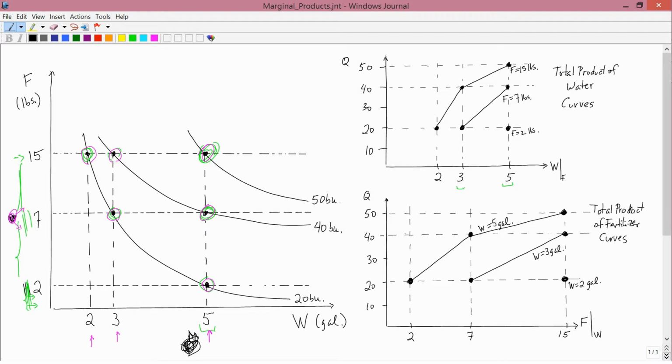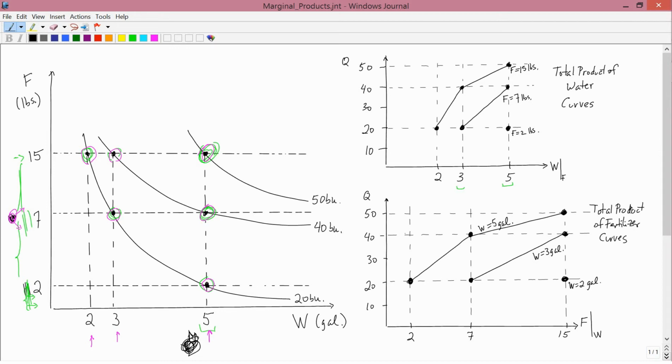We'll see how to interpret that in the next lesson. That's actually a fairly important interpretation. It's the reason why I drew these graphs carefully with numbers in order to get those to be concave, because the concave shape of total product curves is pretty important.